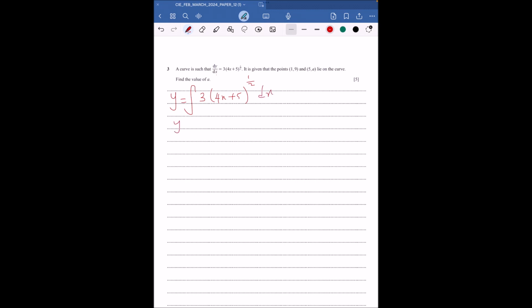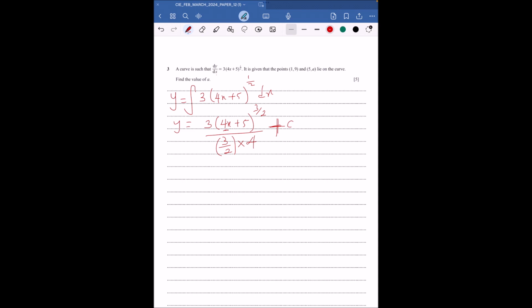So when I integrate, I'll get 3, (4x + 5) to the power of 3/2, divided by 3/2, times this value here, 4, plus c. Don't forget your c.